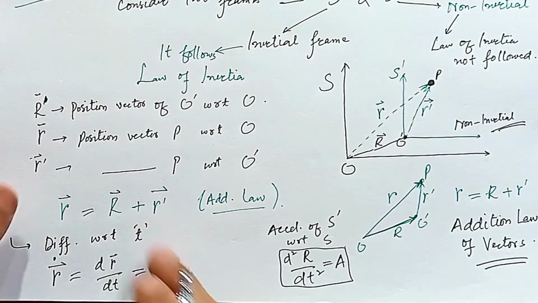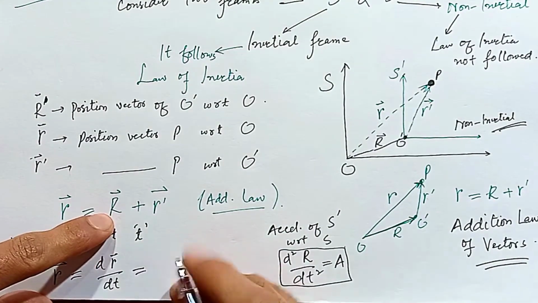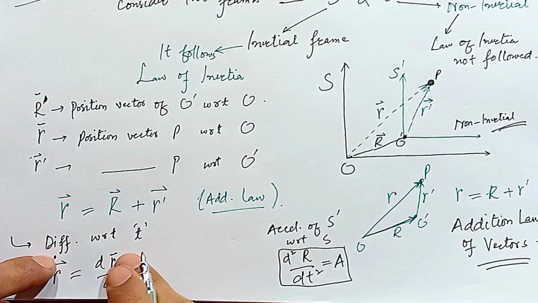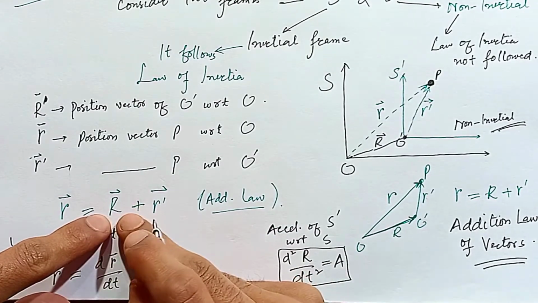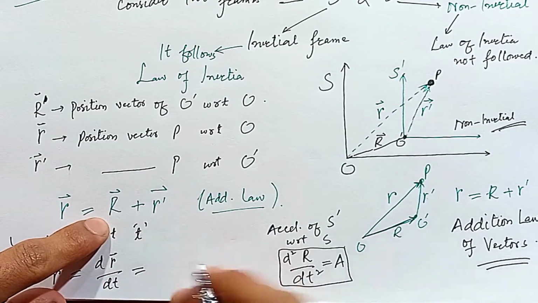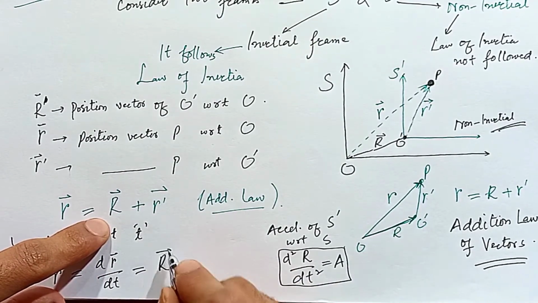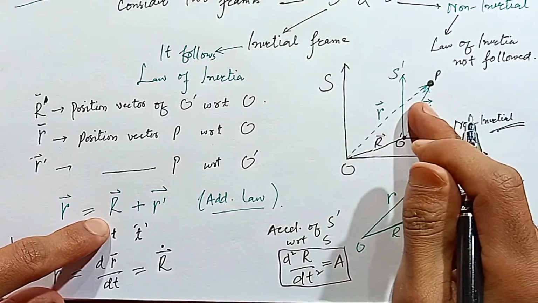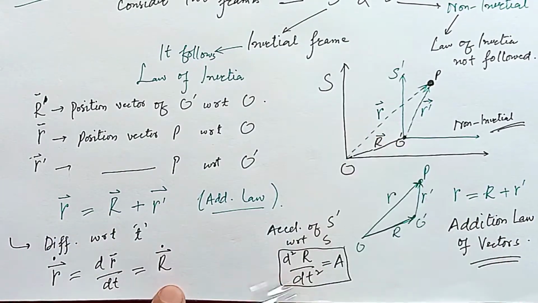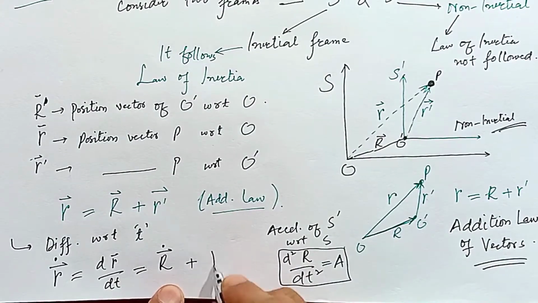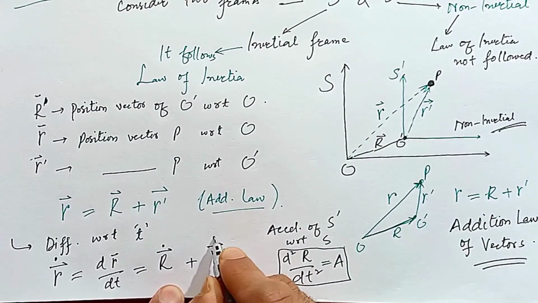Applying it here, first we differentiate with respect to time, so we get dR by dt, that is R dot, the velocity of this frame of reference with respect to the other, because R dot means velocity, plus R prime dot.